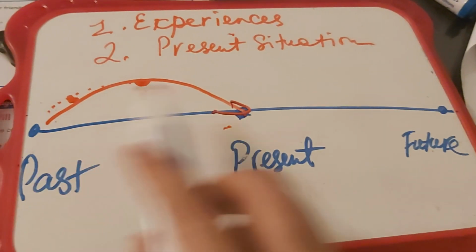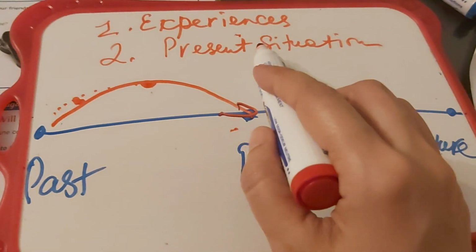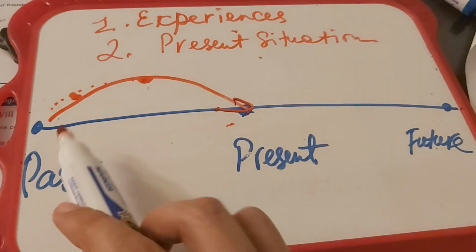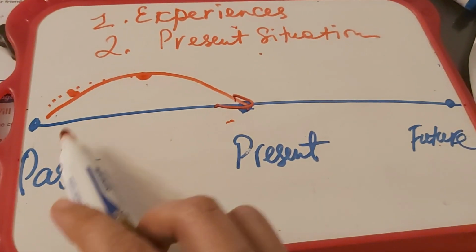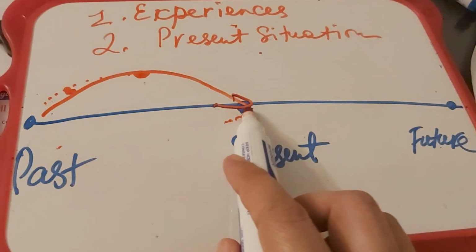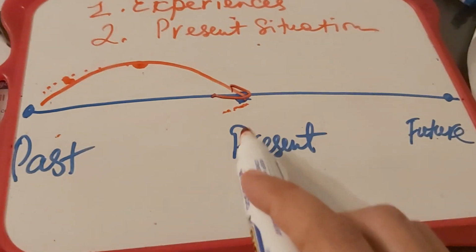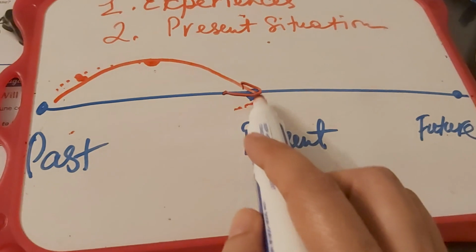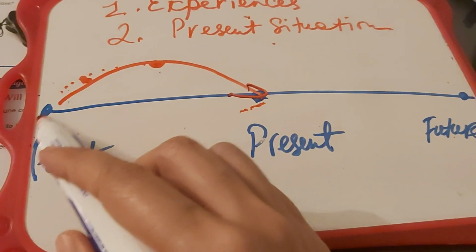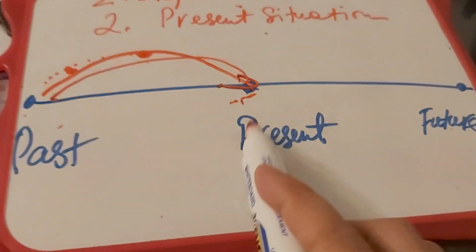Ils ont vécu en Allemagne. And the second situation is I have finished my homework. You started your homework here and you tell me now, teacher, I have finished my homework. So I can see the result, okay? The result is here. So it's connected. Actually, the past is connected with the present.